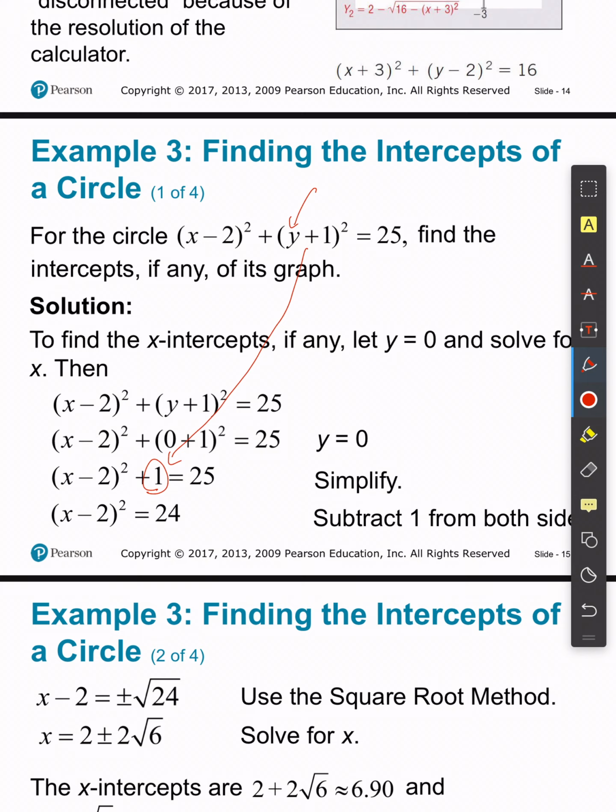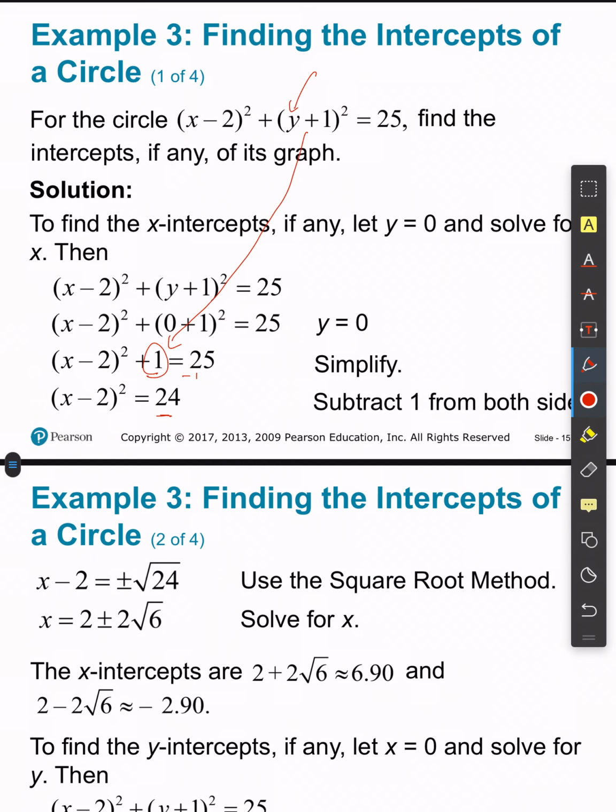And then I can solve this by subtracting 1 from both sides, right? So subtract 1, get 24. And then here, remember that we can use the square root property. I can take the square root of both sides, and I get plus or minus, because I took the square root of a variable, right?